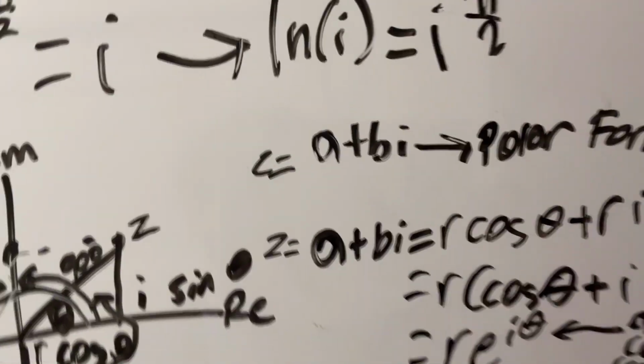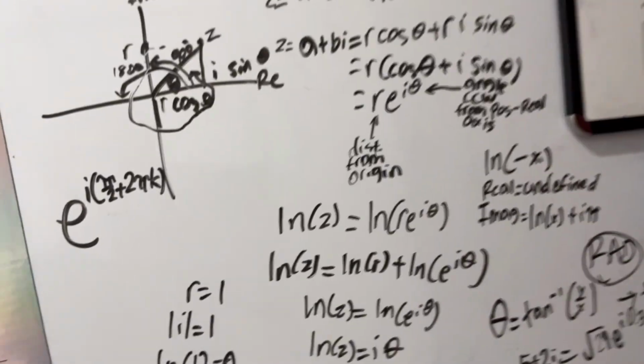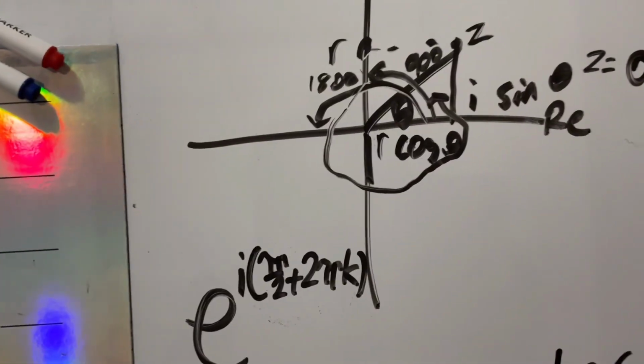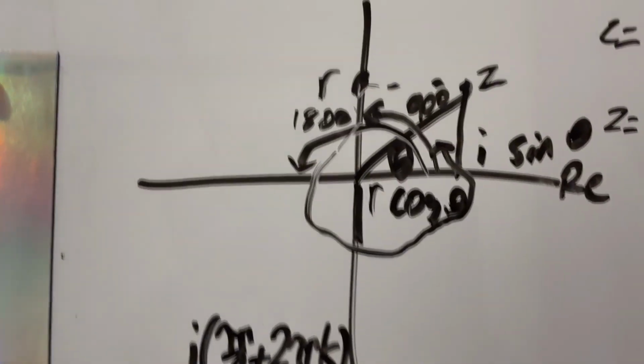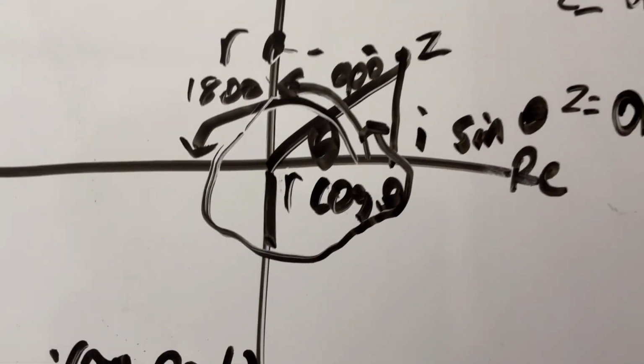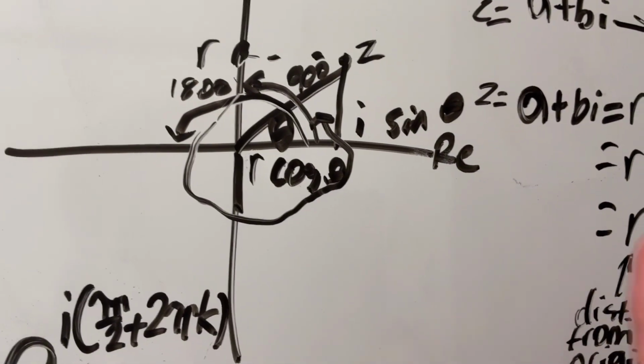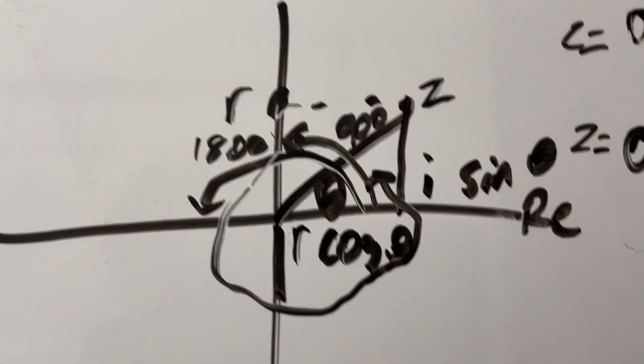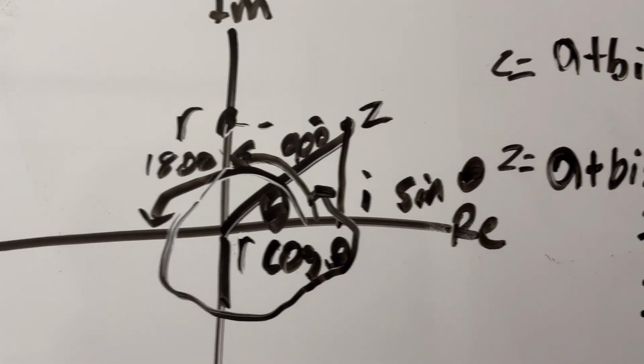Okay, so we already proved that the natural log of i is just i times pi over 2, but there's also another way of solving it. So we have the complex plane. Ignore all these arrows, they will be better explained later. Anyways, we can plot a, which is on the real axis, and b on the imaginary axis.